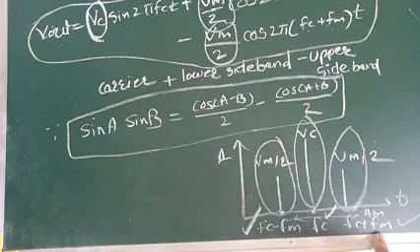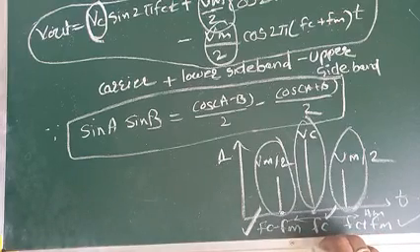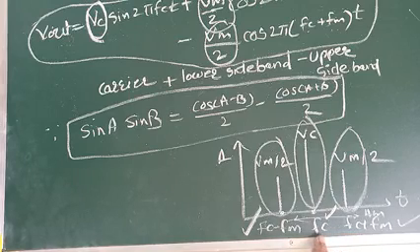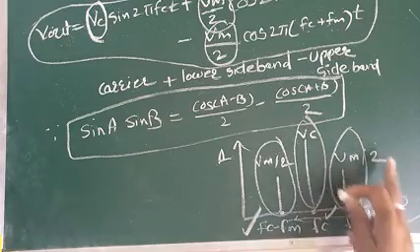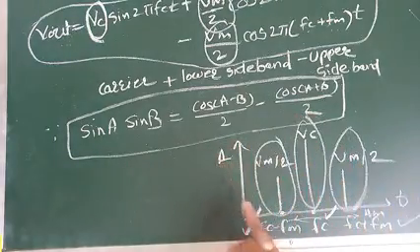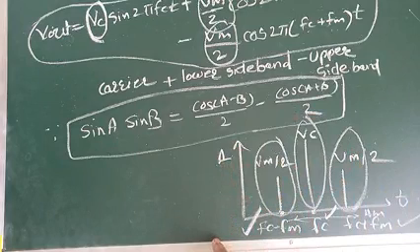So in an amplitude modulated wave there are three frequencies: the middle carrier frequency, the lower side band, and the higher side band. Hence the frequency spectrum is also known as side band frequencies. Okay, so let us stop here.